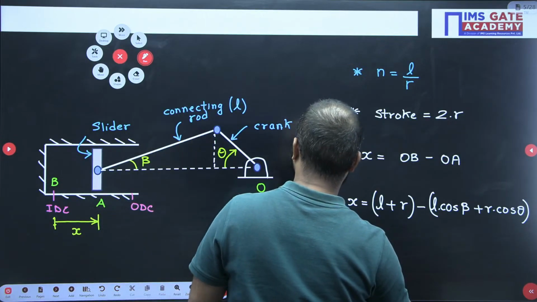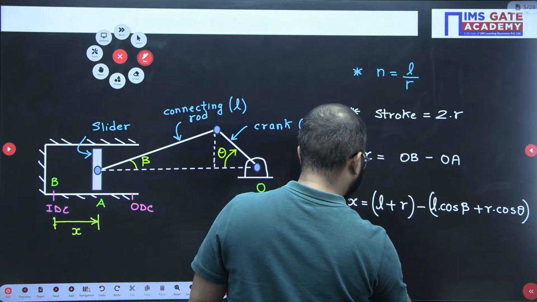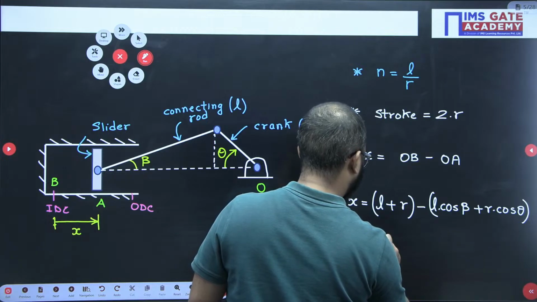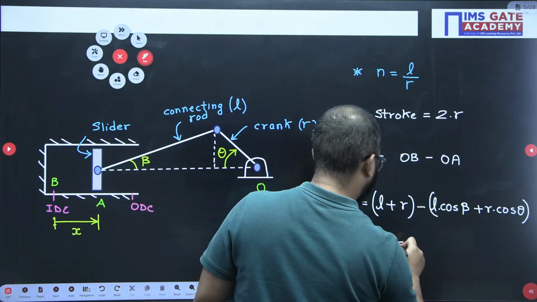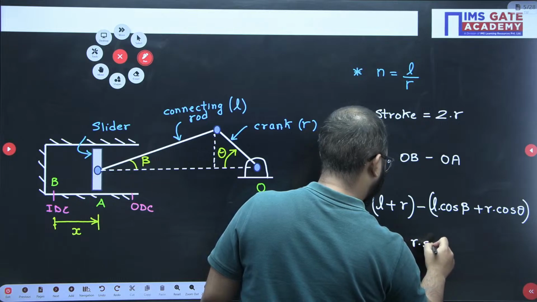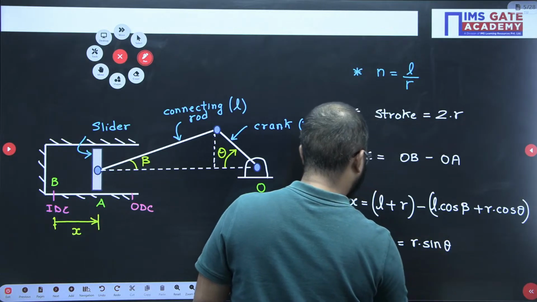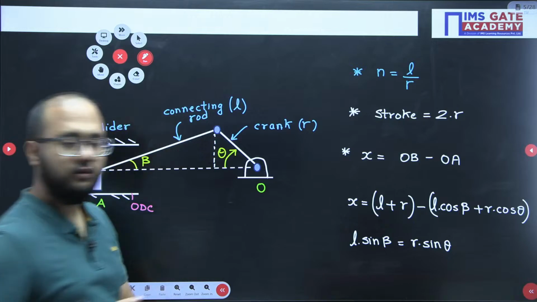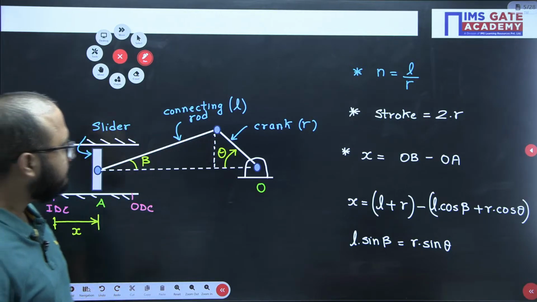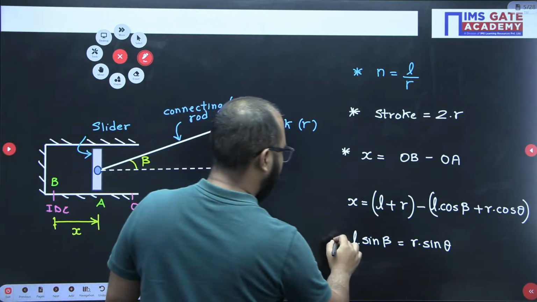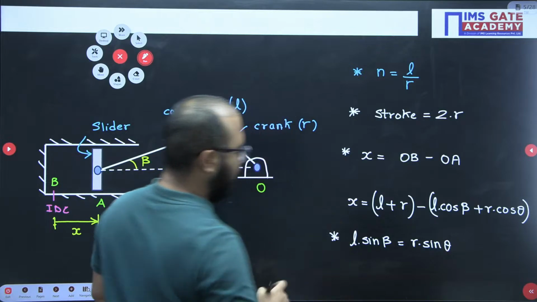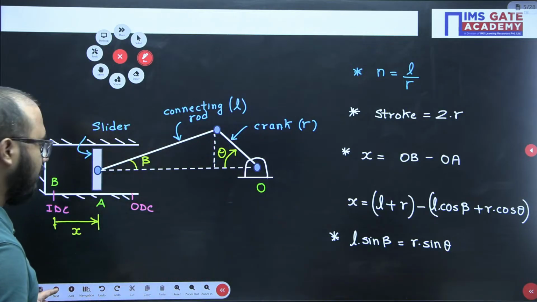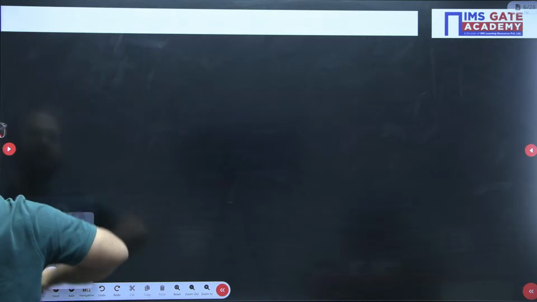So L sin beta equals R sin theta. This is the relation that we are going to use. Very, very important, right? Fine. So this relation I will be using, so let us write it on the next slide.